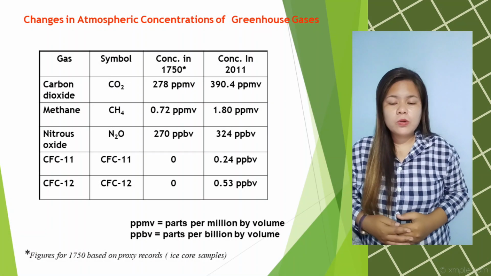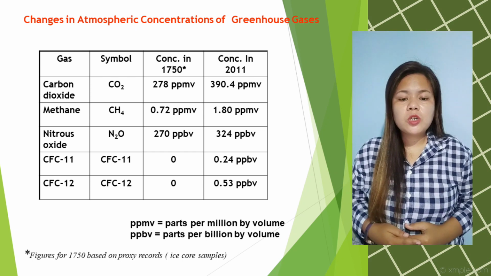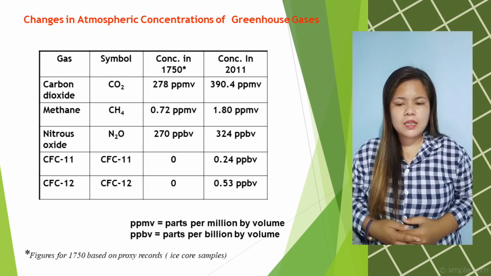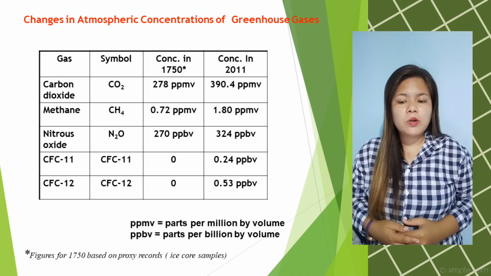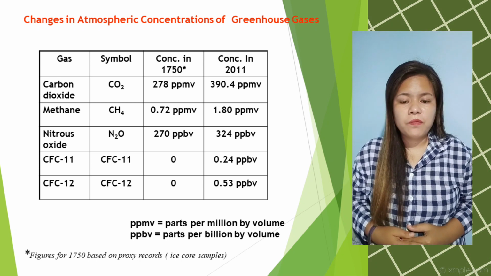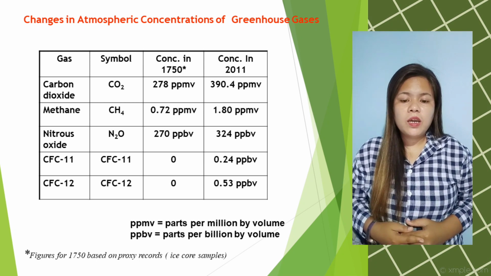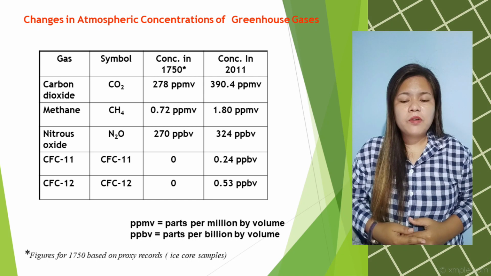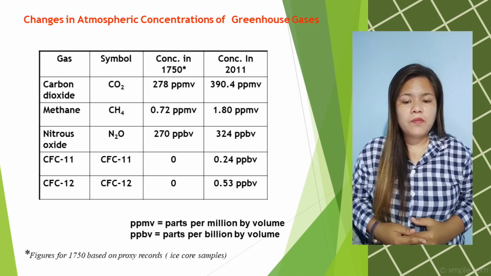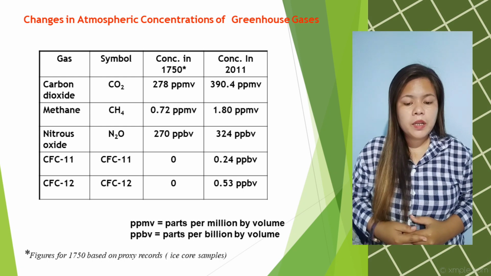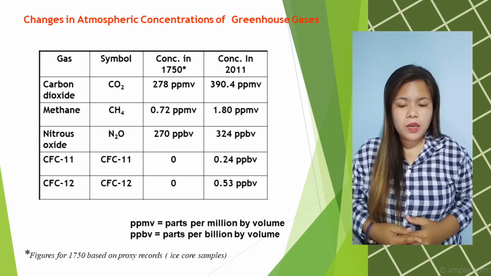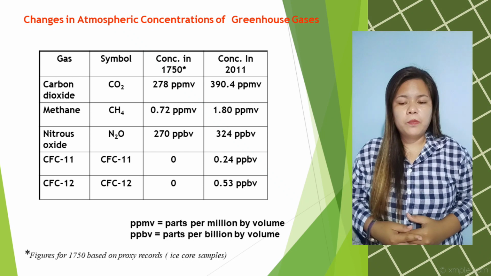The table shows the changes in atmospheric concentrations of greenhouse gases. We have the gases carbon dioxide, methane, nitrous oxide, chlorofluorocarbon 11, and CFC12. We have also here its concentration from 1750 to 2011 with the units of ppmv, parts per million by volume, and ppbv, parts per billion by volume.